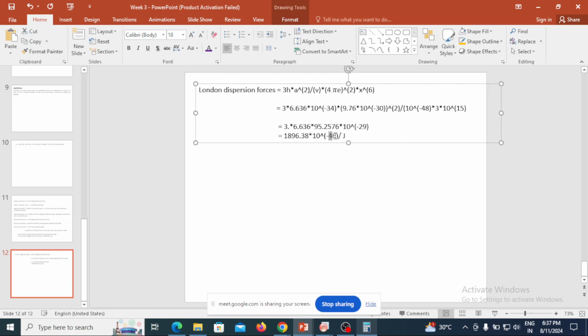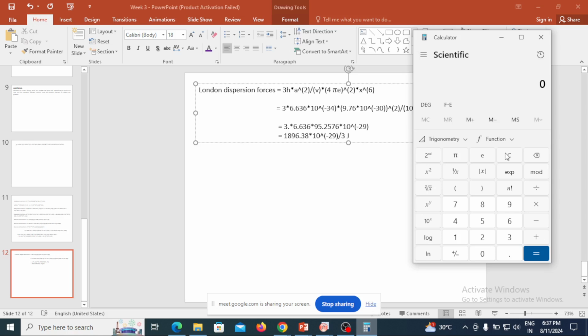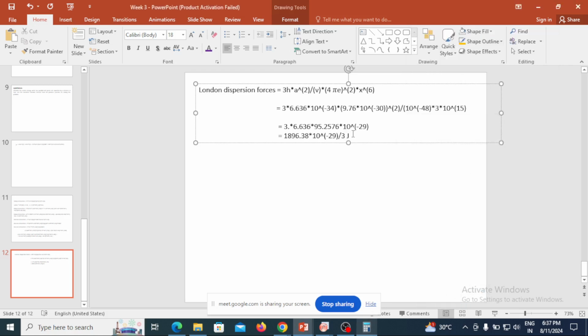And this will get divided by 3, so that will be 6.32 into 10 to the power minus 27 joules.